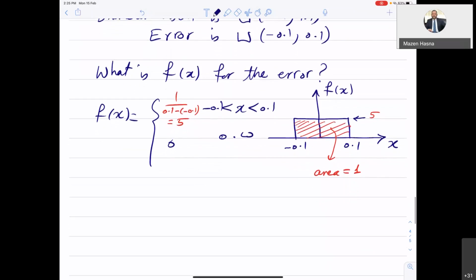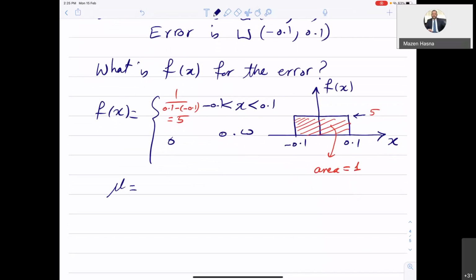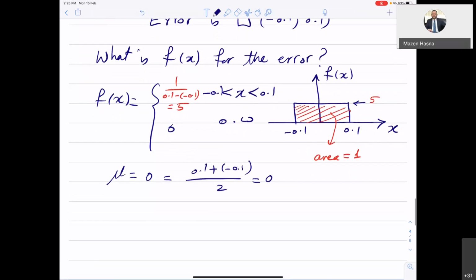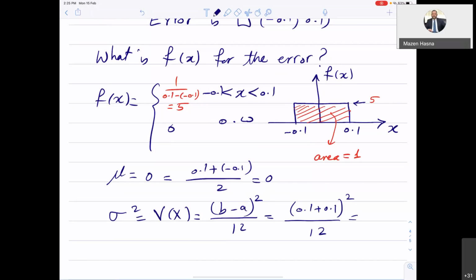What's the mean? 0. Mean is 0, yeah? And if you want to apply the rule again, 0.1 plus minus 0.1 over 2, which is 0, and sigma squared, which is the variance, is simply b minus a squared over 12, which is 0.1 minus minus 0.1, squared over 12, so it's 0.2 squared over 12.